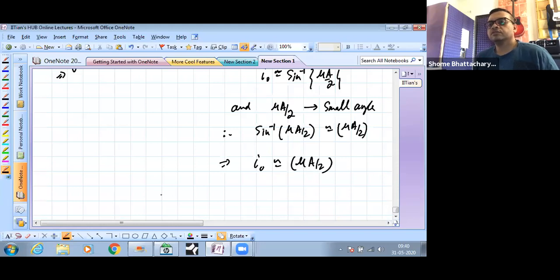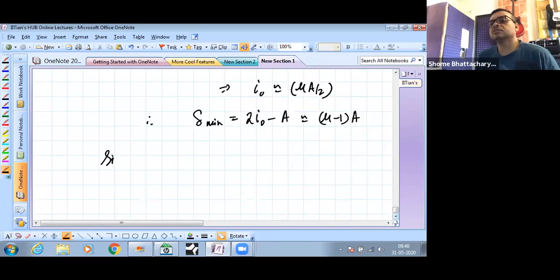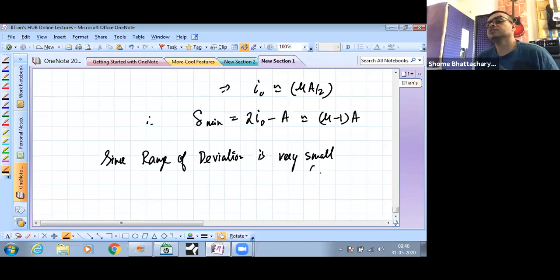Okay. So therefore now my minimum deviation, which was 2 times I naught minus A, becomes approximately mu minus 1 into A. And finally, since the range of deviation is very small, that means maximum minus minimum deviation is tending to 0.